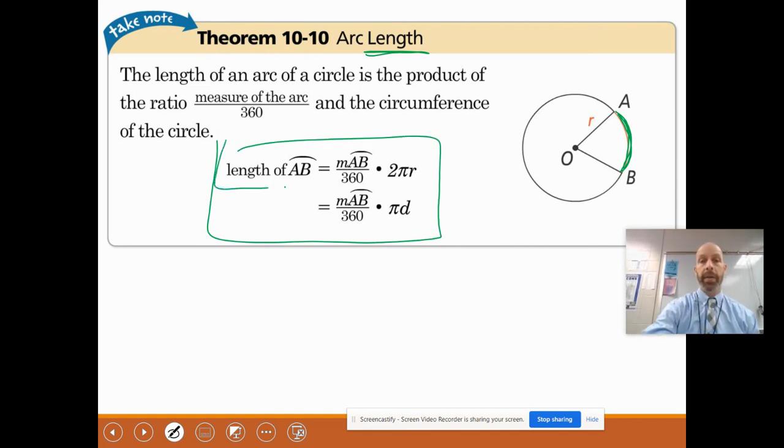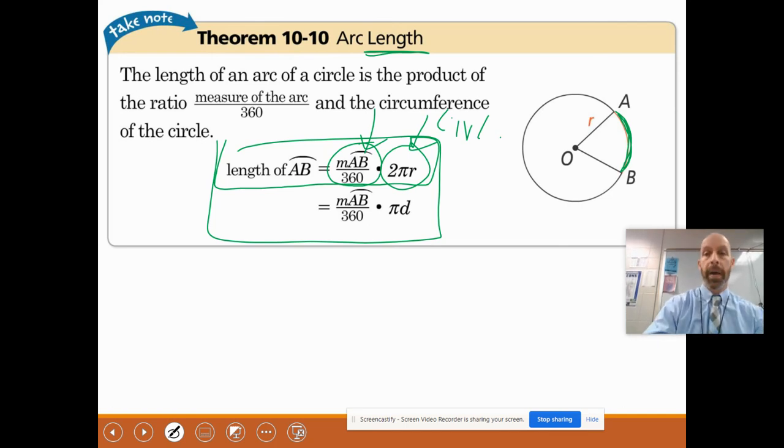I'm going to tend to use this top one, but the measure of the arc length is simply the measure of the arc divided by 360 times 2 pi r. Basically what this is doing is giving you the fraction of the total circumference. So this is circumference, and this is the fraction of the circumference.